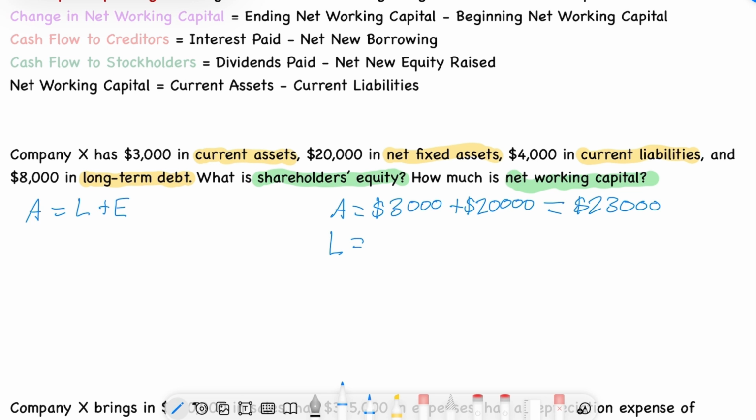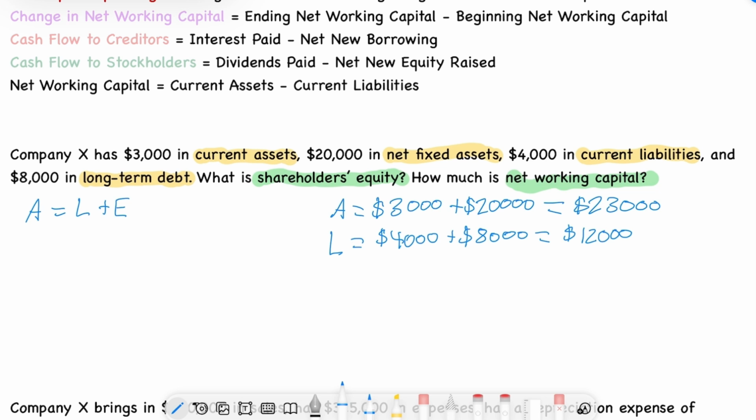We have $4,000 in current liabilities and $8,000 in long-term debt, which is also just long-term liabilities. Anytime you see debt, think liability. Anytime you see asset, think asset, or maybe equipment, think asset. We're going to have $4,000 plus $8,000 is $12,000 in total liabilities.